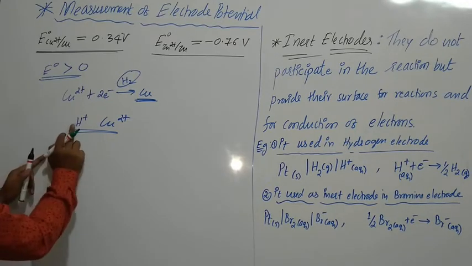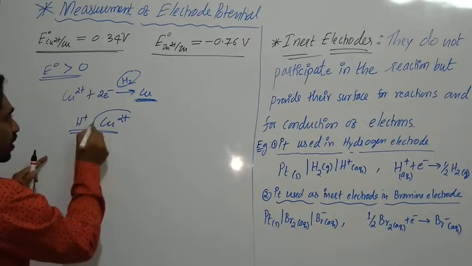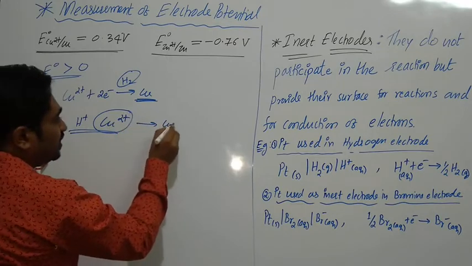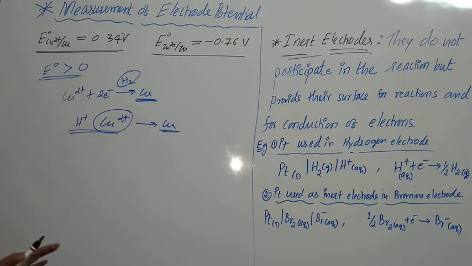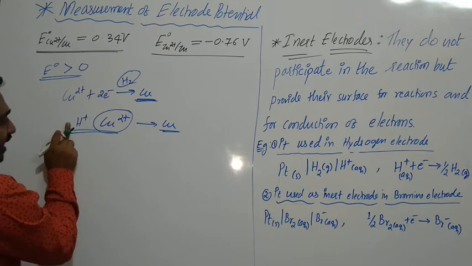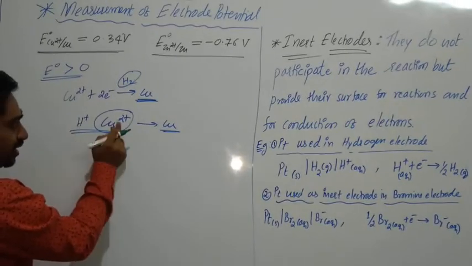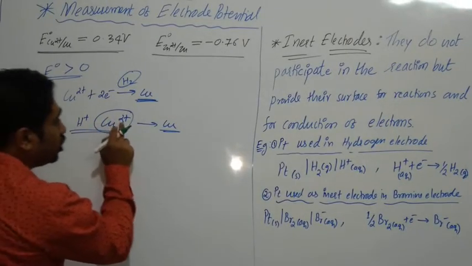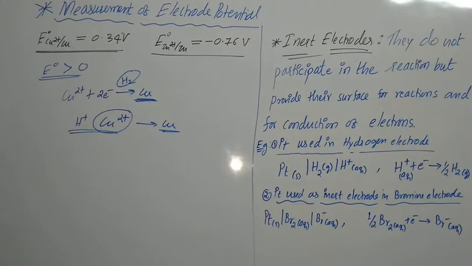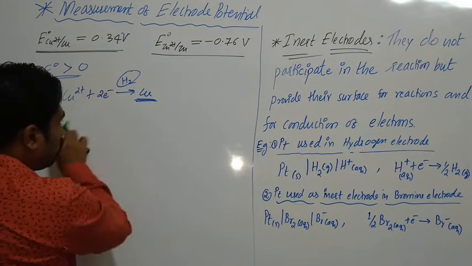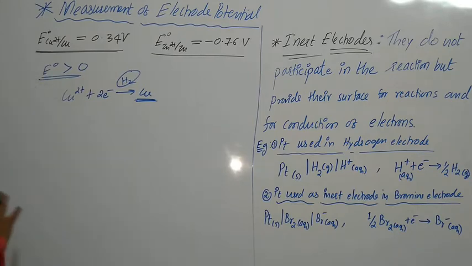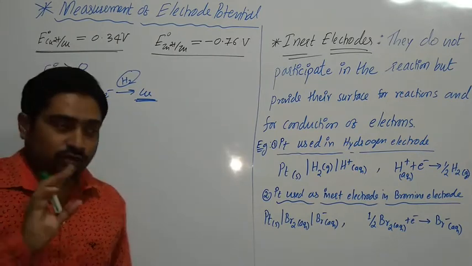In the presence of H+ ions, copper ions are reduced more easily to give copper metal. So hydrogen gas can reduce copper ions, but it cannot oxidize copper atoms.